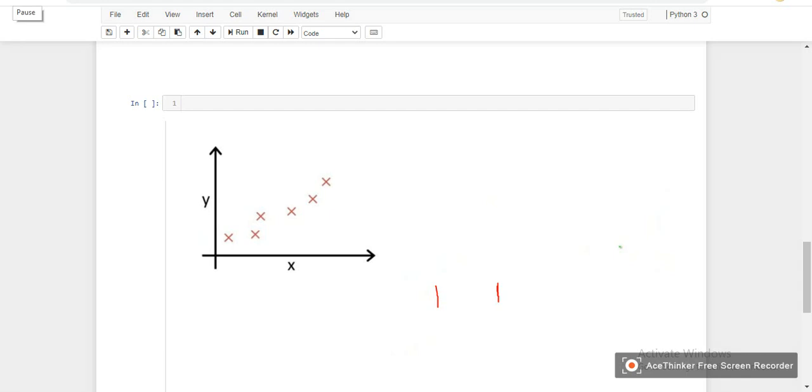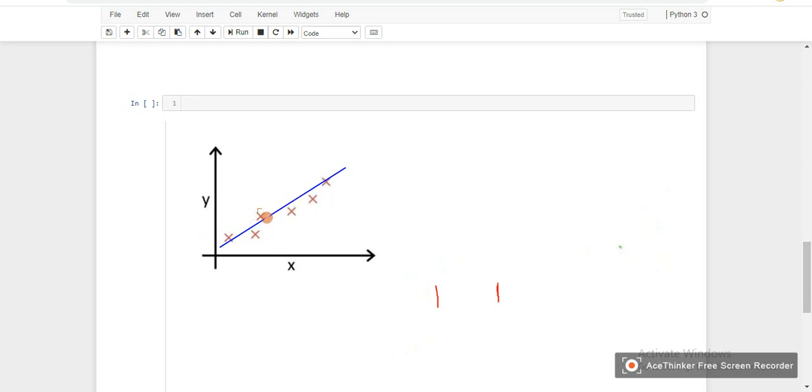So for that, we need to find out the values for theta 0 and theta 1 in the above mentioned model or line equation, so that the straight line fits this data.